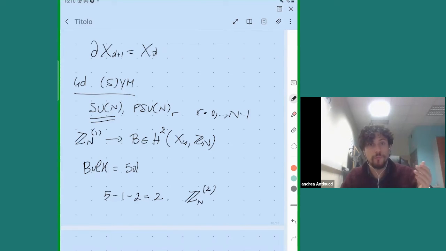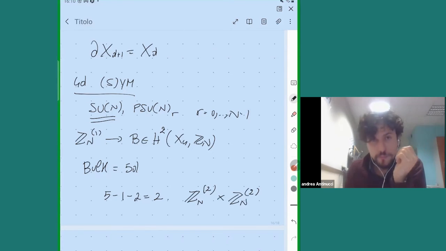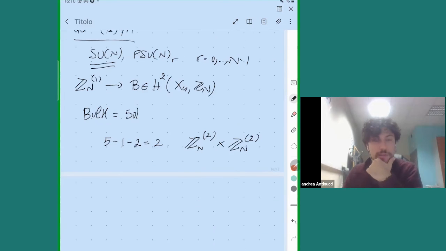But since we are gauging a one-form symmetry, the center symmetry will be a two-form symmetry, and this is another two-form symmetry. So the full two-form symmetry is Z_N times Z_N. Okay, this is a two-form symmetry of the bulk, and indeed the bulk can be described as a pure gauge theory for a one-form symmetry Z_N in 5 dimensions.